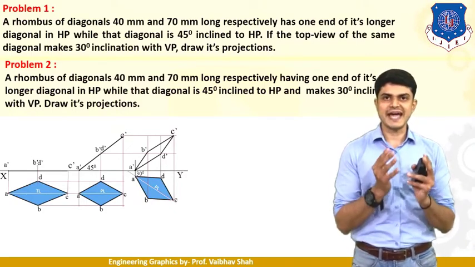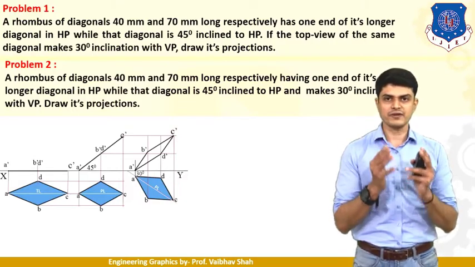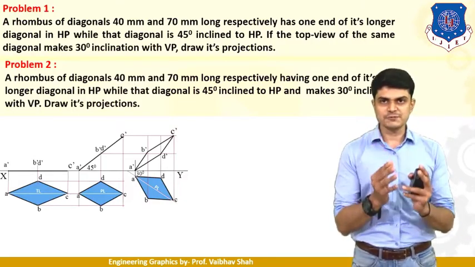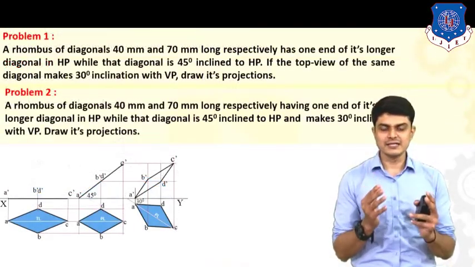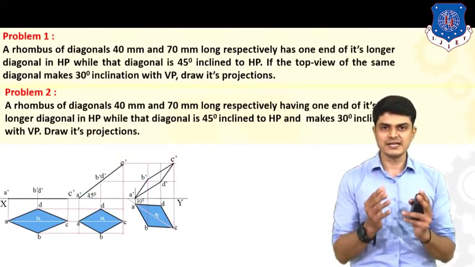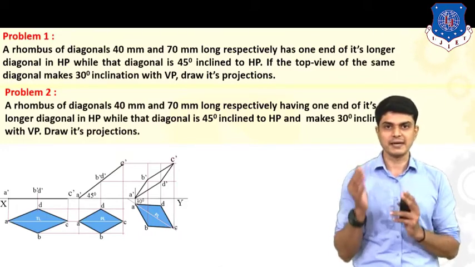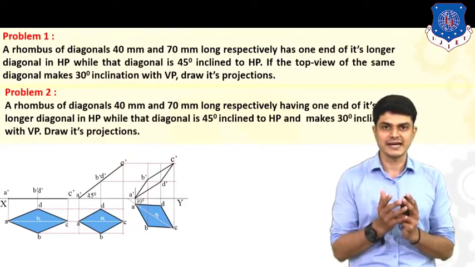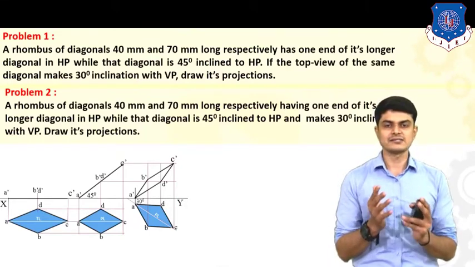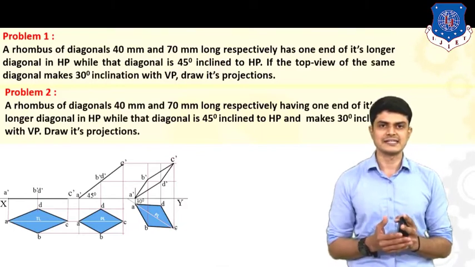A rhombus of diagonals 40 mm and 70 mm long respectively, having one of its longer diagonal in HP, while that diagonal is 45-degree inclined to HP and makes 30-degree inclination with VP. Draw its projections. So by comparing both examples, we can know that the starting stages are quite similar to the previous example. So let us see this example.